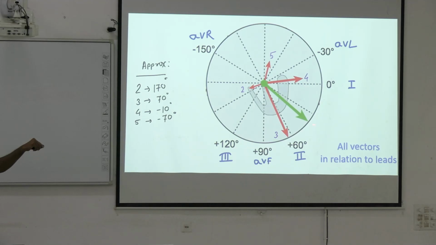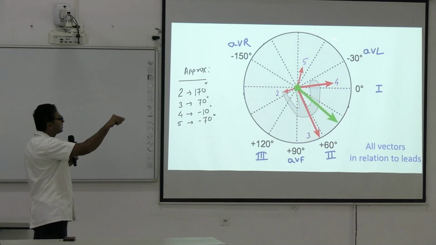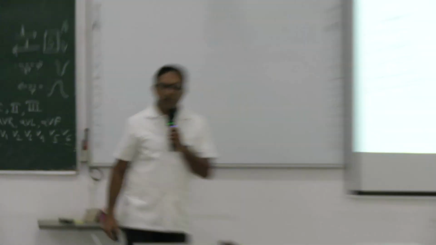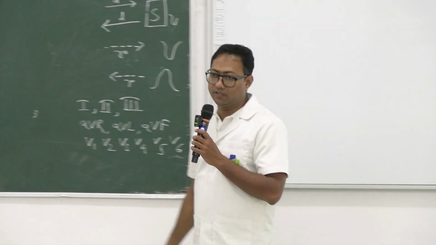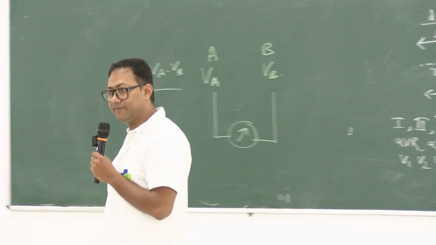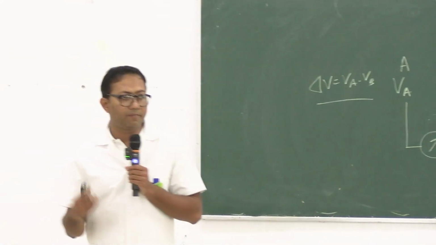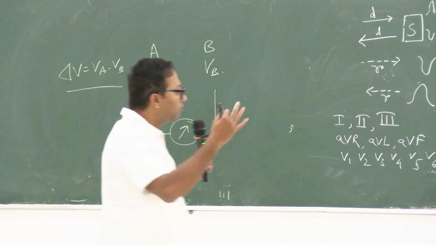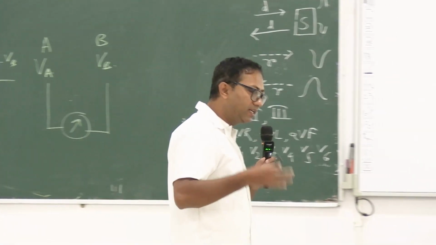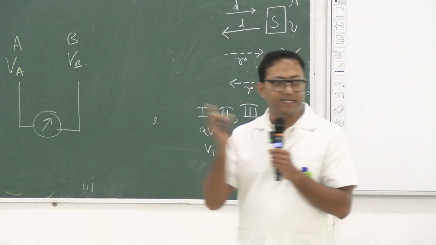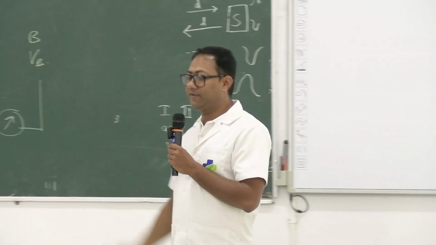And when this green color vector shifts or rotates towards negative angles, we call it left axis deviation. Okay, right axis deviation and left axis deviation. You need to remember what is the mean electrical vector, what is the normal location of the mean electrical vector, the range, what is right axis deviation, what is left axis deviation.